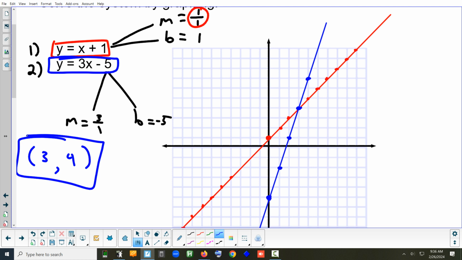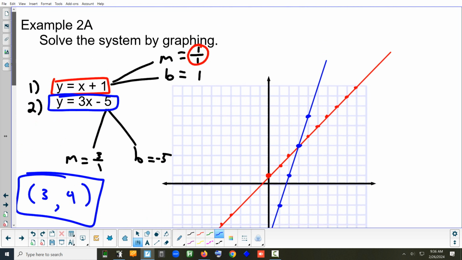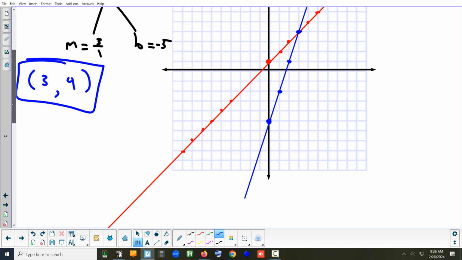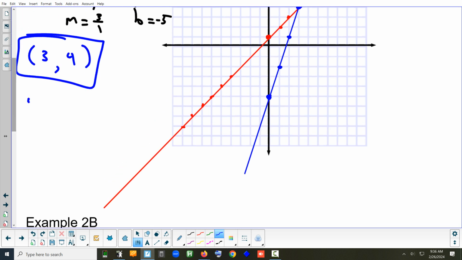Okay. Now let's, just like we did in the first two problems, let's check and see if we plug that in and it works. The first equation is y equals x plus 1. I don't have enough room to check it up there, so I'm going to check it down here. All right, so y equals x plus 1. What number do we think is the y? 3.